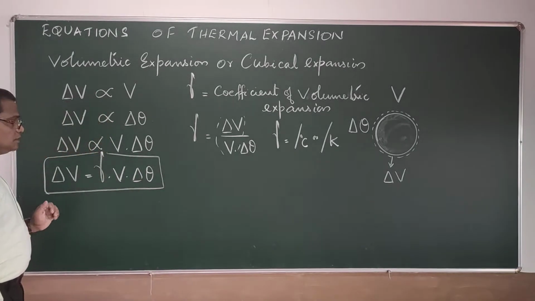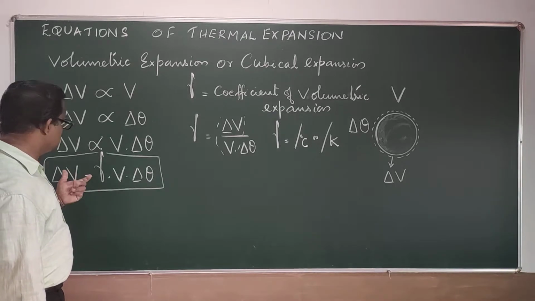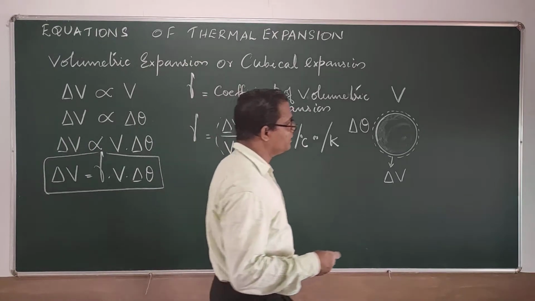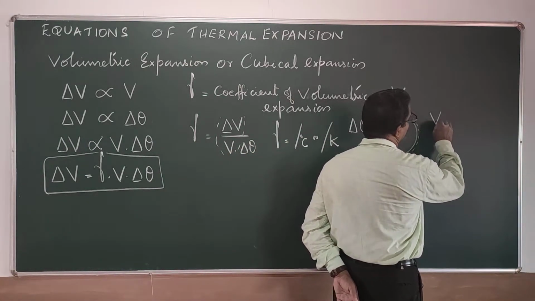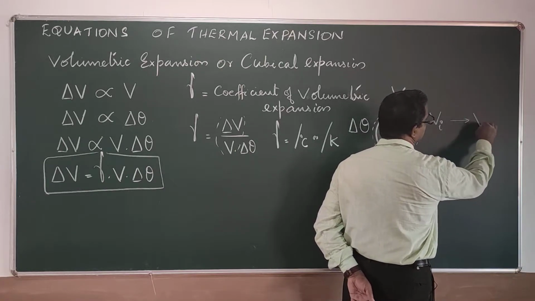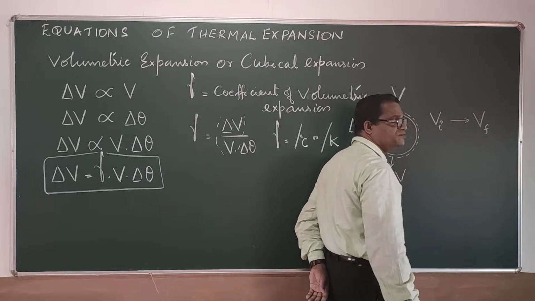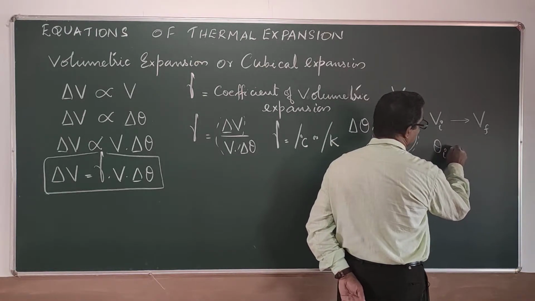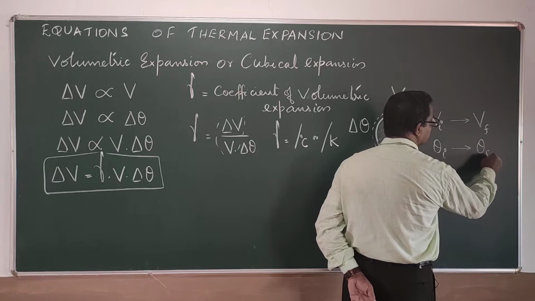Now, as earlier, we can rewrite this equation in terms of initial volume and final volume. For example, if Vi is the initial volume, it increases to a total final volume Vf when temperature initial increases to temperature final.